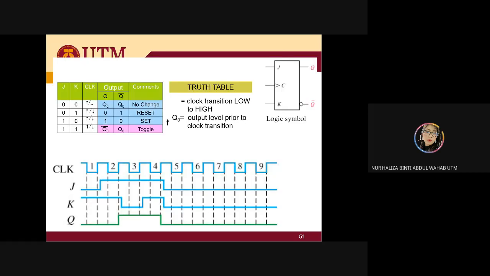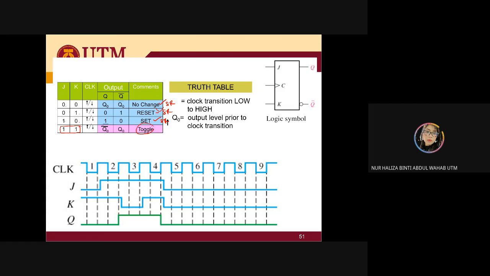So let's take a look at the table. 0, 0 is no change, similar to SR. 0, 1 is reset, similar to SR. 1, 0 is set, similar to our SR. The only difference is at 1, 1. For SR, it will be invalid, but for JK, it will be toggle.